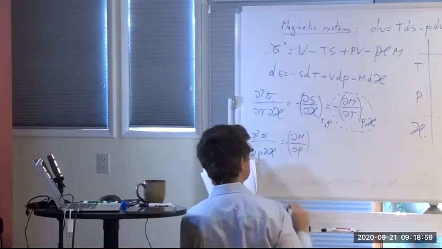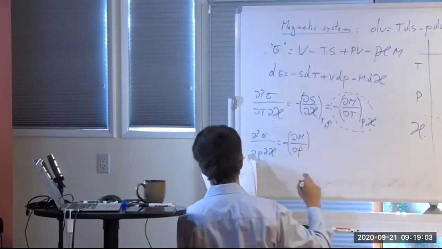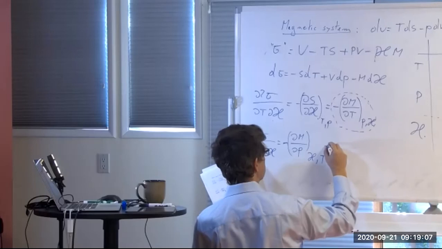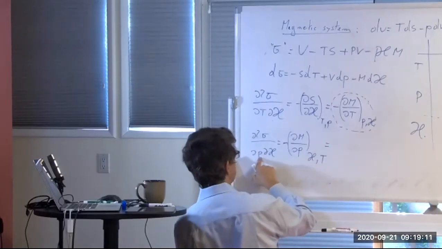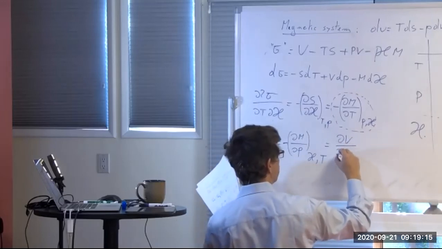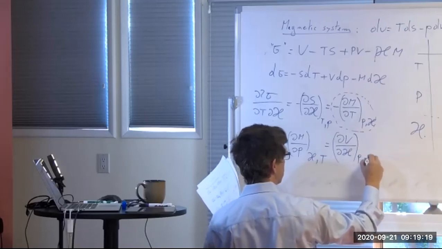This is minus dM dP at constant H and T. And this is also equal to, if I first take the derivative with respect to pressure, I get volume. So I get the derivative of volume with respect to the applied magnetic field at constant pressure and temperature.